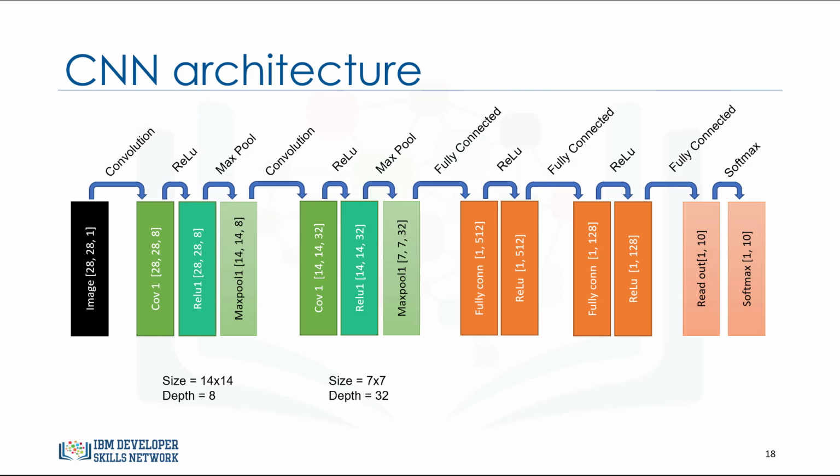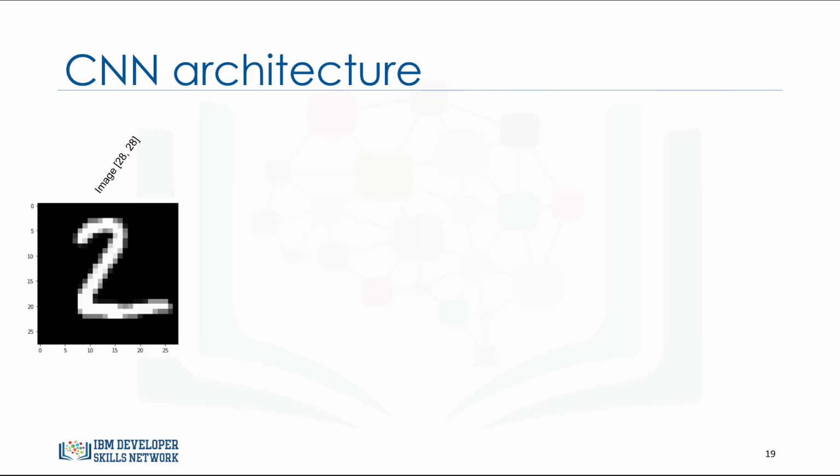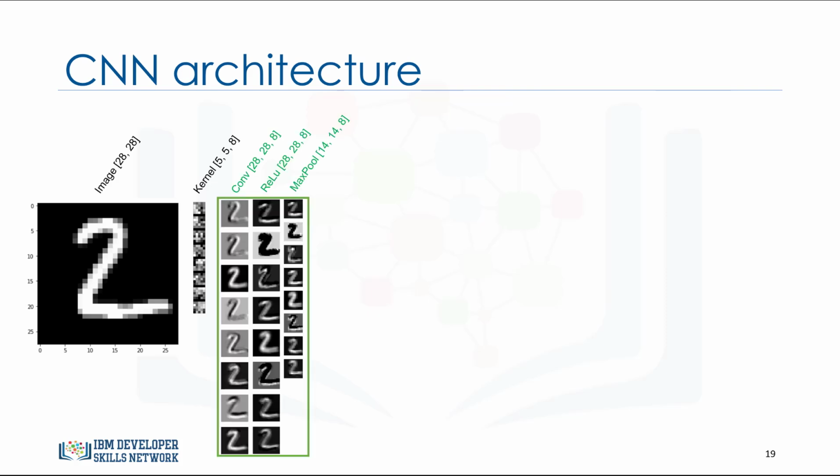This is very important because using multiple layers, CNN will be able to break down the complex patterns into a series of simpler patterns. If we pass one of the digits through the network, you can see the outputs. In the first convolutional layer, we apply 8 kernels of size 5 by 5. Then we apply ReLU and MaxPool.